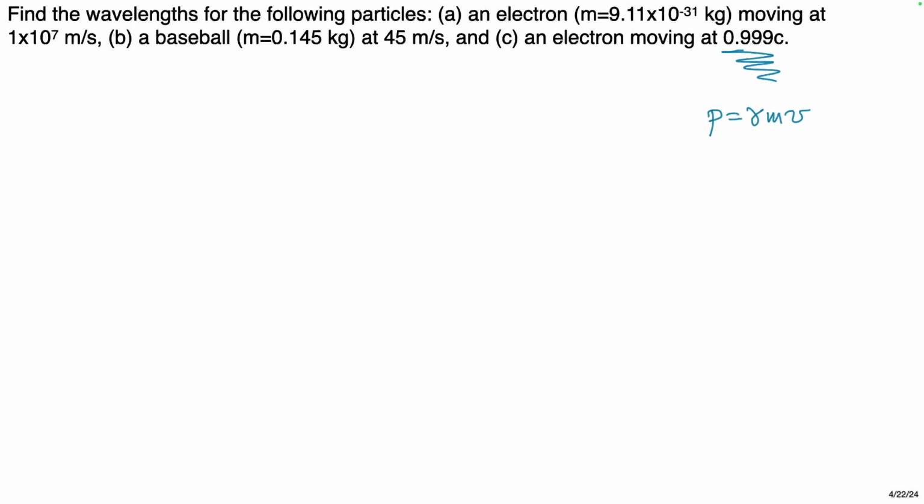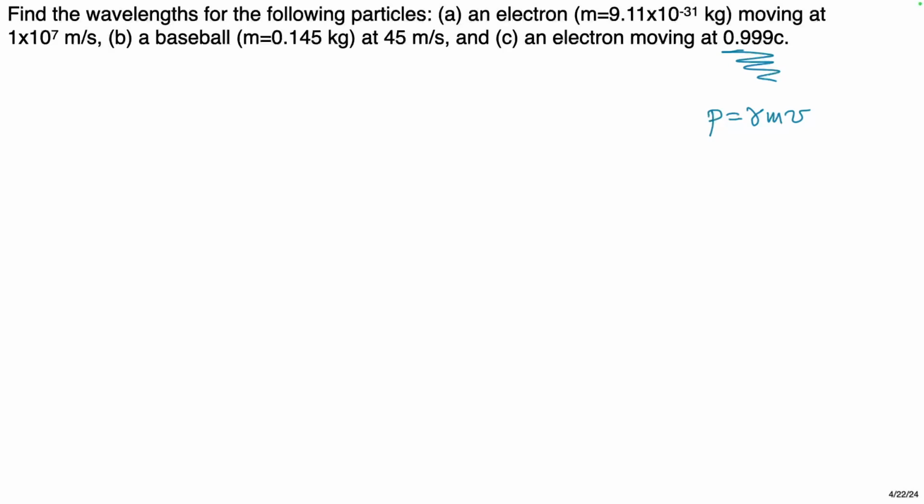So if you're watching another YouTube video or something like that and you see somebody drop gamma into the calculation of momentum for an electron, it's probably because it's moving so fast that you have to make the relativistic correction for its mass increase. Remember how mass increases with speed? Okay?